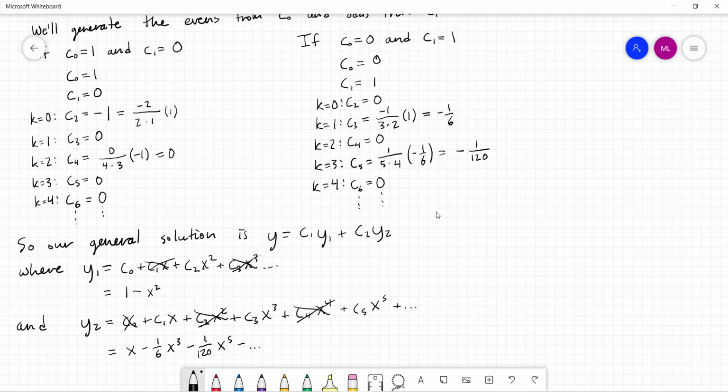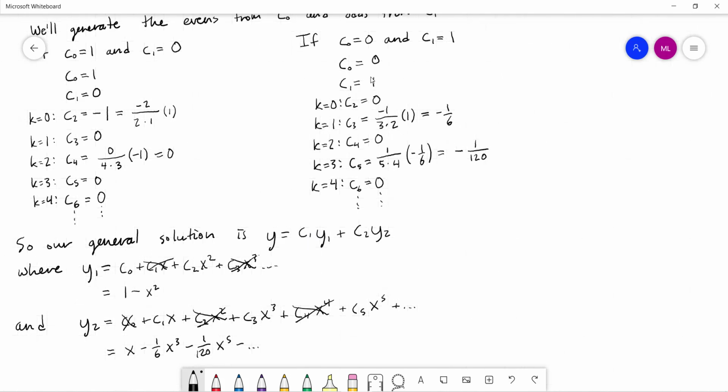Similarly, in the second case, this is imagining, let's try to generate the terms that come just from our second constant of integration. What are the terms that just C1 generates? Forget about C0 and think about just C1. If I just called it C1, C3 would have been written in terms of C1, right? It would have had a C1 right there. And because that was written in terms of C1, so would C5 have been.